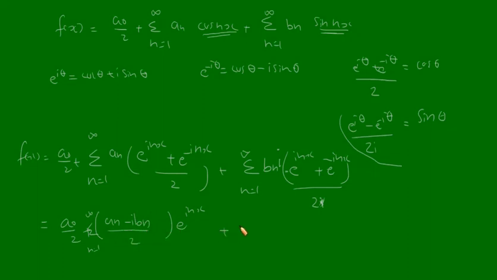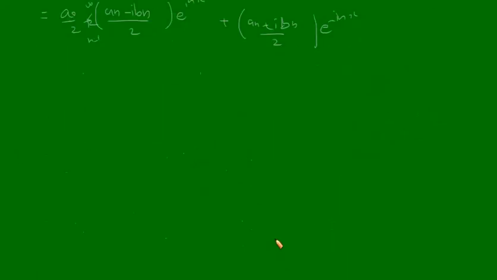Okay. Now let us find out the coefficient of e raised to minus inx. The coefficient of e raised to minus inx here will have ibn by 2, and from here you have an by 2. So this will be summation an plus ibn by 2.